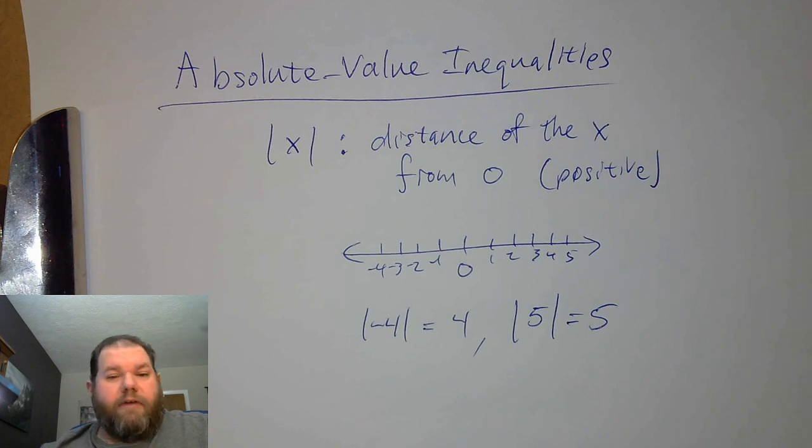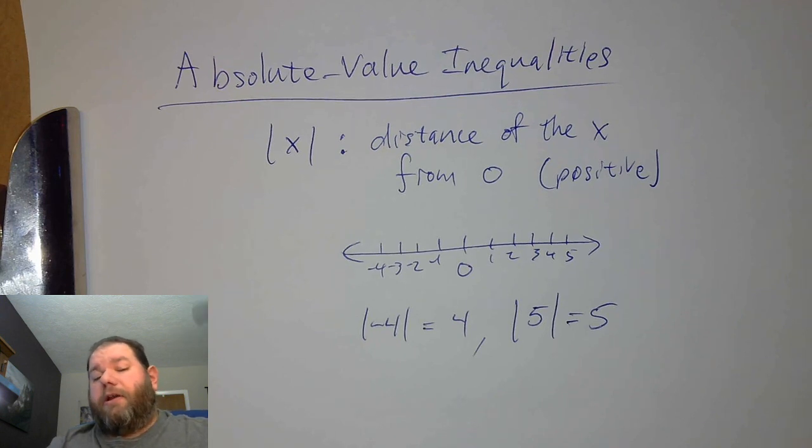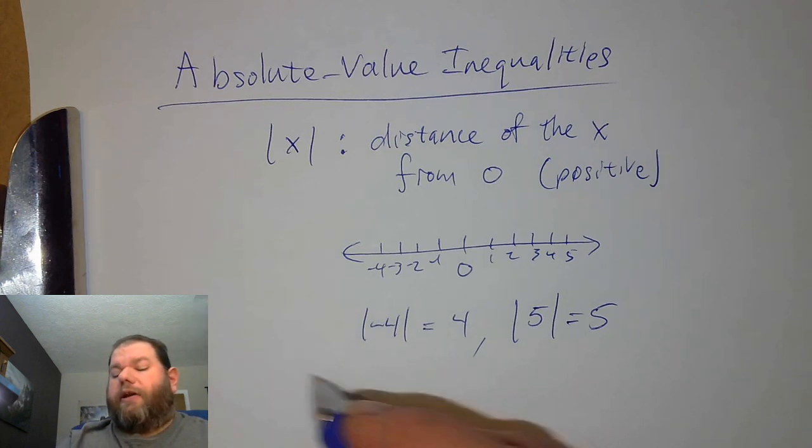So with absolute value expressions, whatever is inside is going to be made positive. Now, depending on what type of inequality we have with the absolute value inequality, there are two different approaches we want to take.